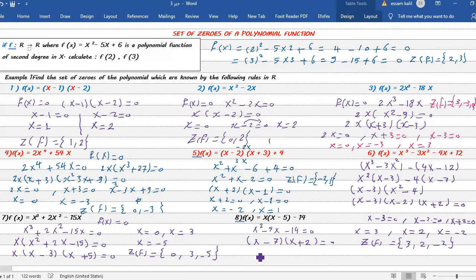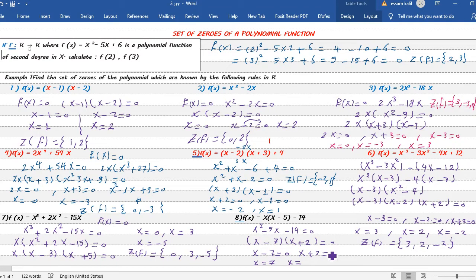Then x minus 7 equals 0, and x plus 2 equals 0. Then move to the other side, so x equals what? 7. And x equals what?